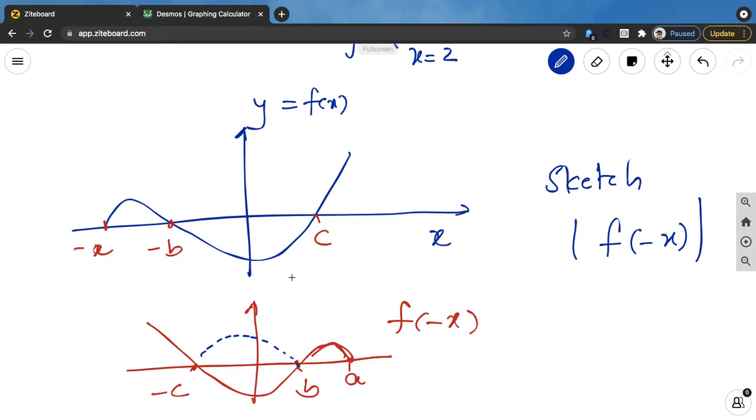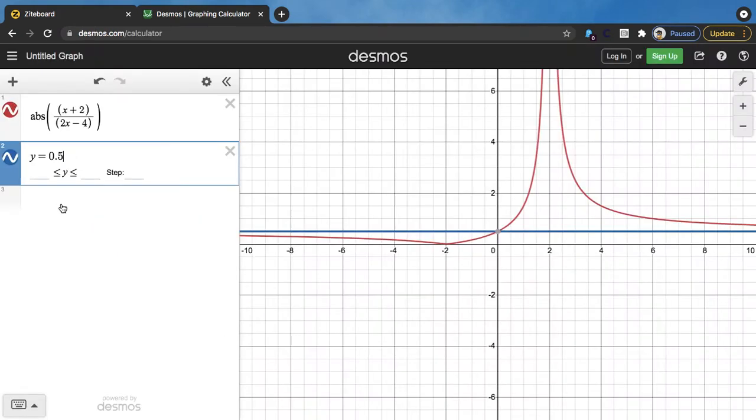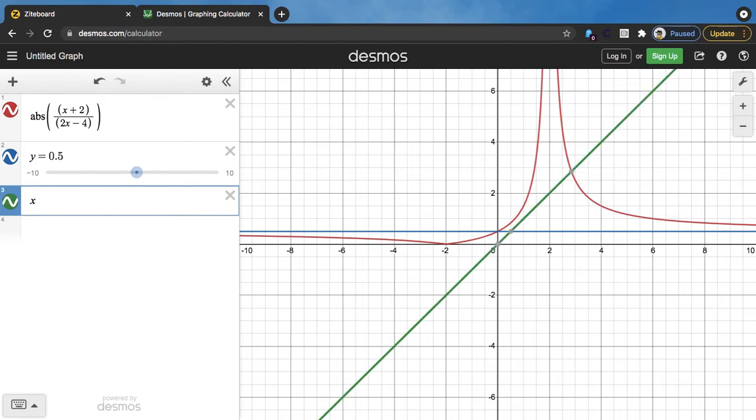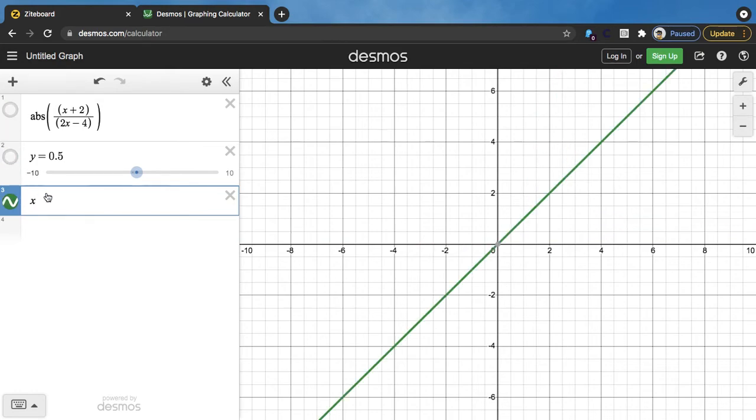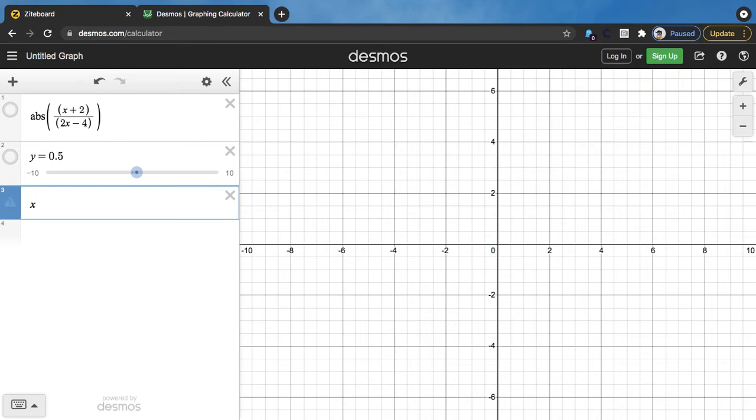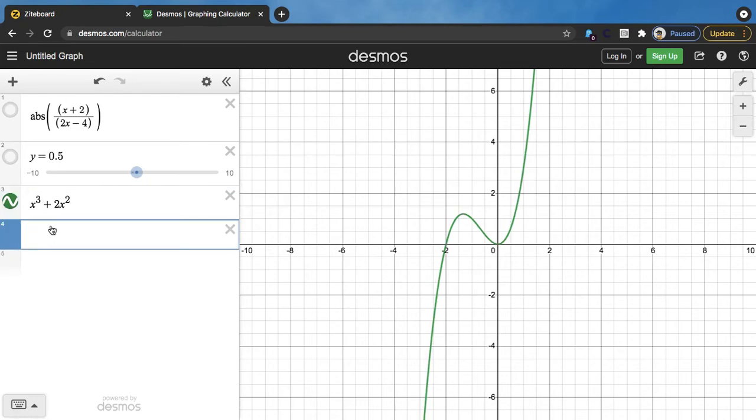Let me show you an example graph here, then you may understand. So if I draw x cube plus 2x square, okay, this is my graph, say for example. I want to first do negative of it, right?